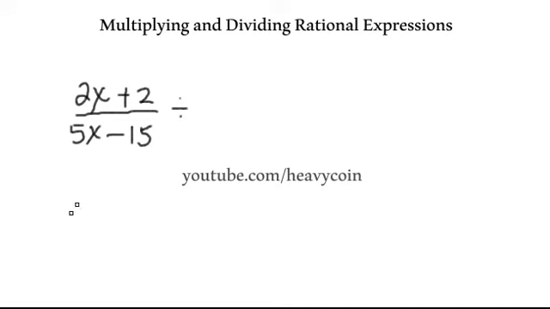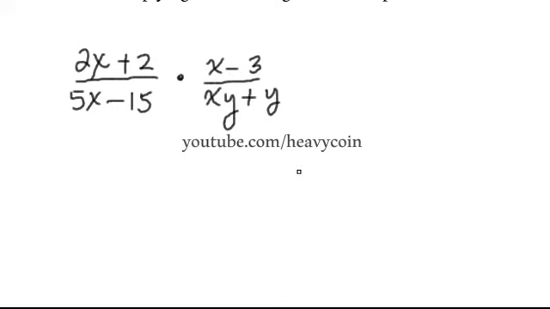It's not going to be divided by. Let's get rid of that. I'm going to erase that. We're going to multiply because we haven't done one of these yet. x minus 3 over xy plus y. And the reason I'm going so slow is because I'm giving you a chance to hopefully write this stuff down. So we want to simplify this.